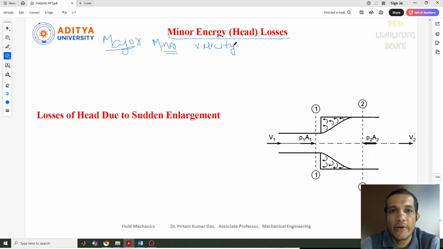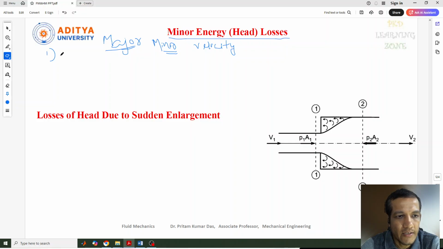When the fluid is flowing, if the velocity of the fluid suddenly changes in magnitude or direction, that is called minor losses. This happens in a few cases. What are the cases we can call minor losses?